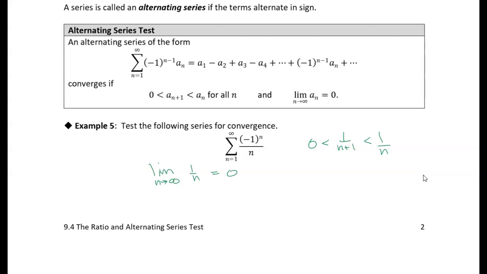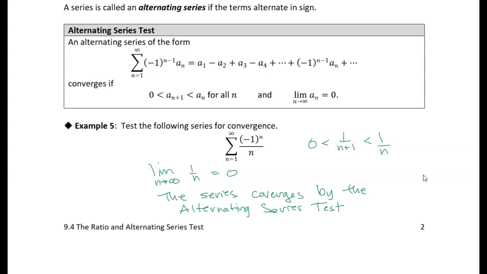So the alternating series test says that this series converges. So the series converges by the alternating series test.